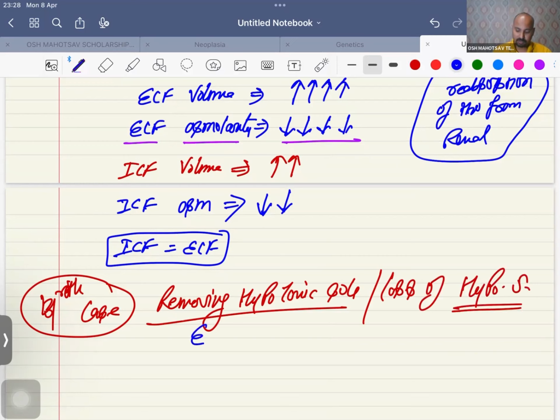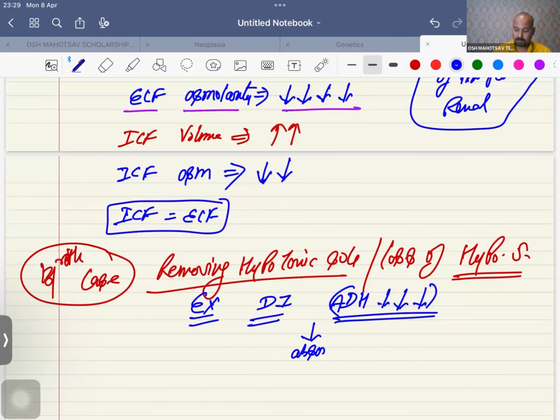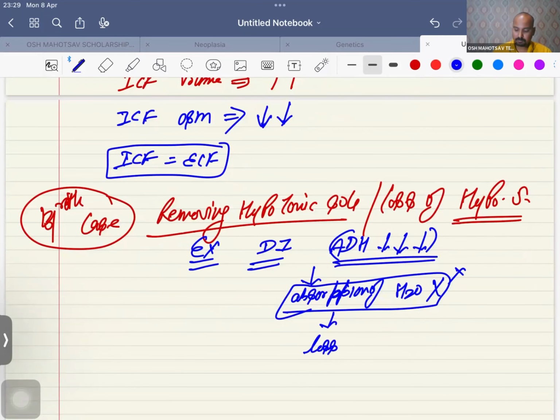An example of this is diabetes insipidus, in which ADH decreases, and if ADH decreases, no one will absorb water. Absorption of H2O will not take place, and loss of water means we are mainly losing water.